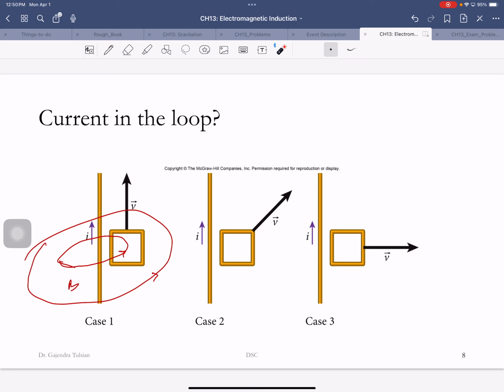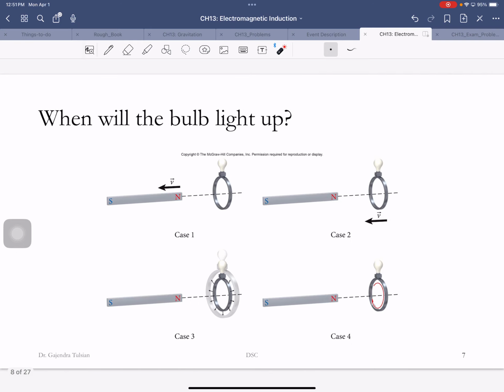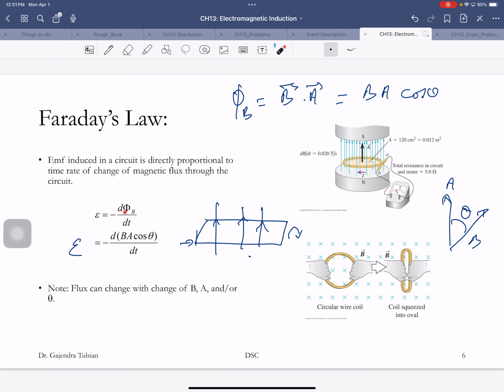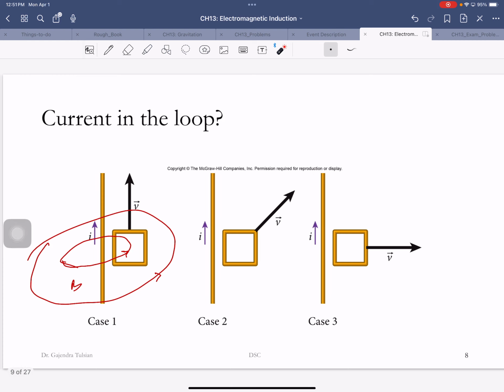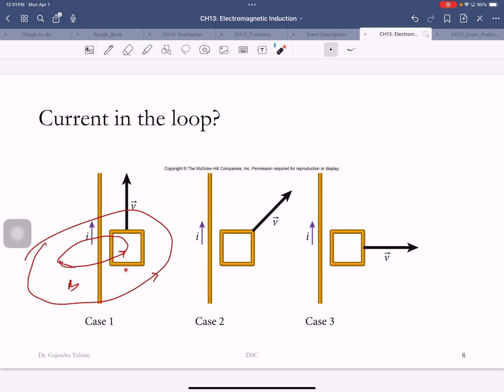As long as this distance is not changing, if the loop moves parallel to the wire, the flux will not change, and there is no current induced in this loop. When it moves in any direction but parallel to the current, the flux changes and current is induced. This is the direction in which the induced current is the maximum. Okay.